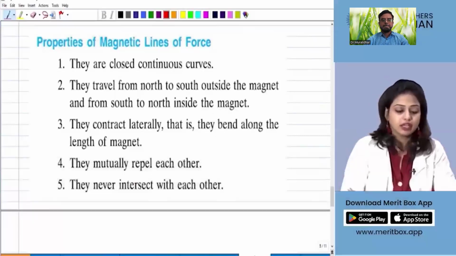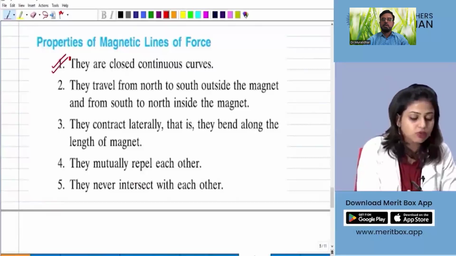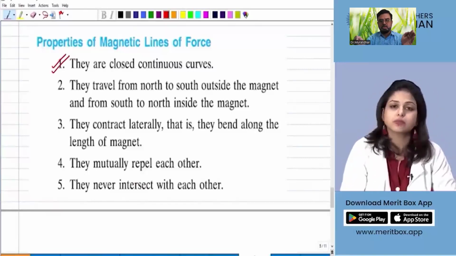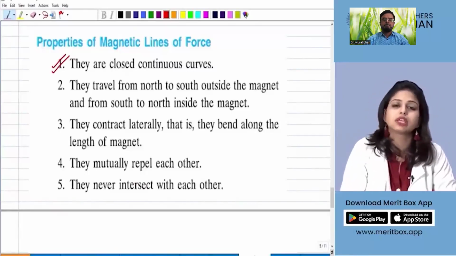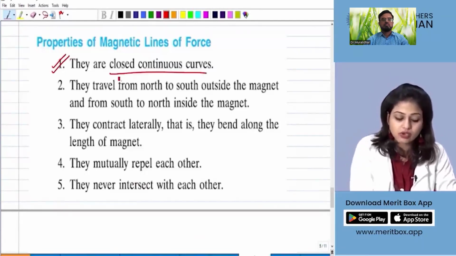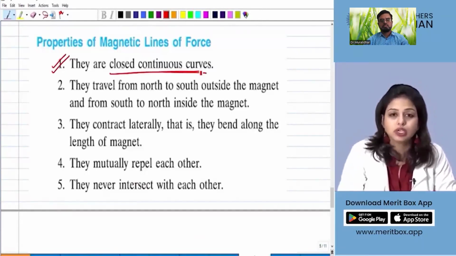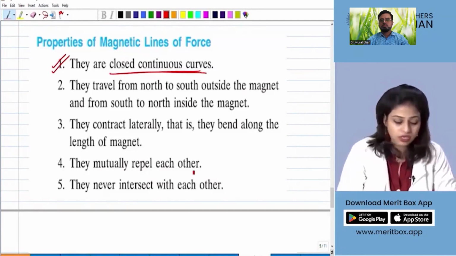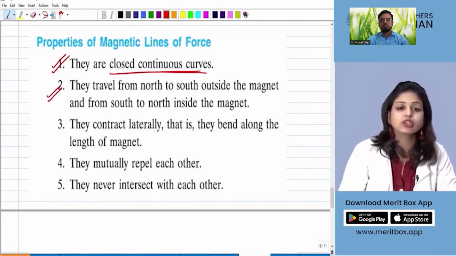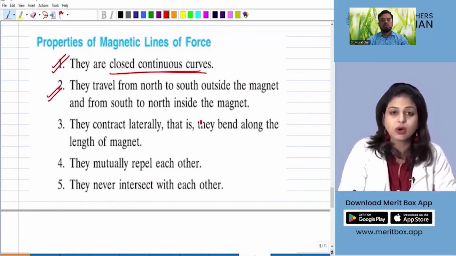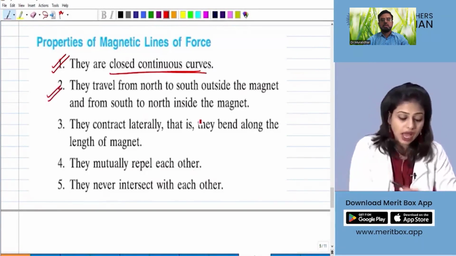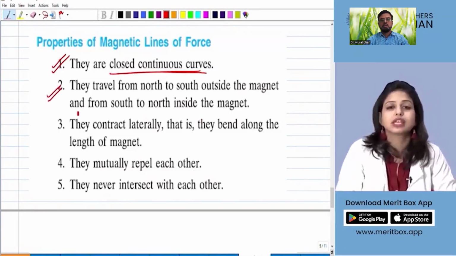Hence, here they are closed continuous curves. As we already observed in the above experiment, magnetic lines of force are closed continuous curves. They do not break in between. The second point says they travel from north to south outside the magnet and from south to north inside the magnet.